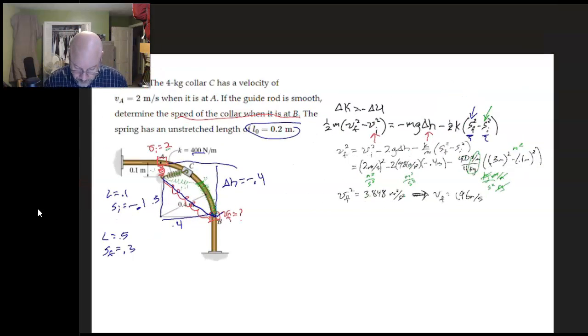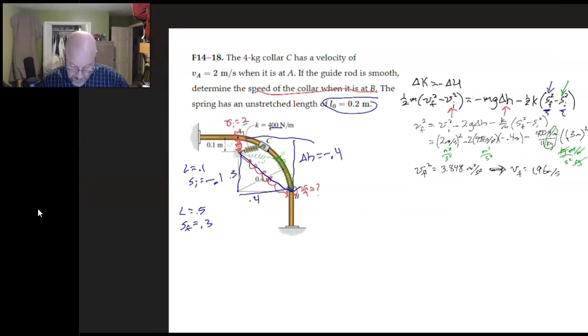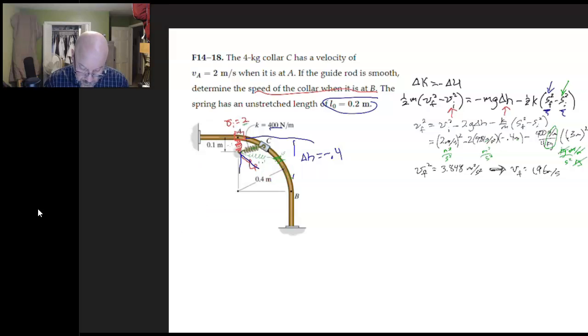I'm interested in, and I got to do some erasing, I want to know what's the normal force at B. Once we get all the way down there to B, what's happening with my forces on the pole? So let's come down here, draw this guy in.